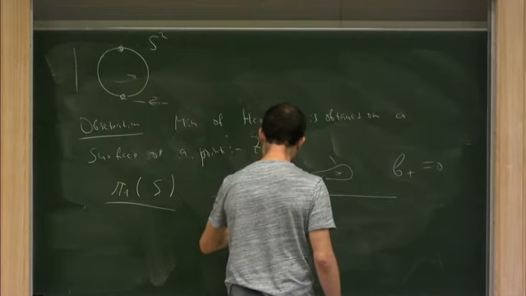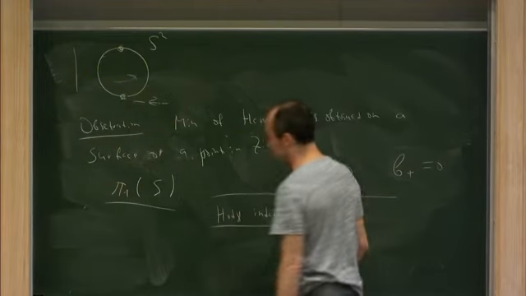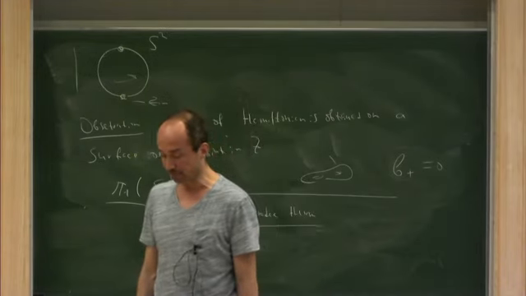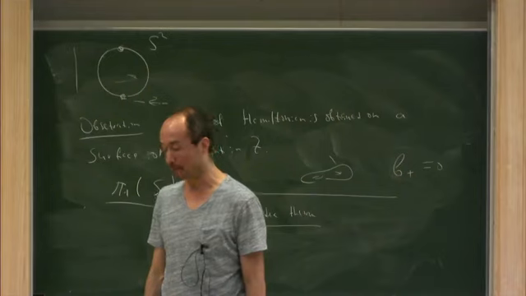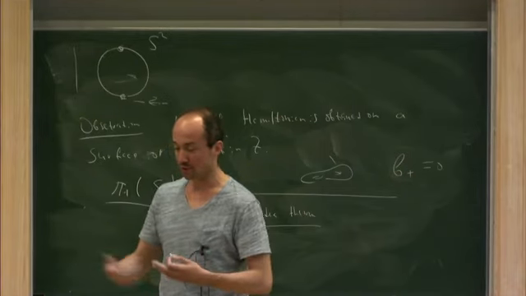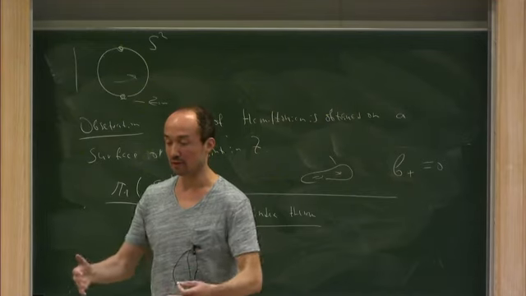Hodge index theorem. Basically, this is a statement about signatures of certain intersection forms on algebraic varieties.